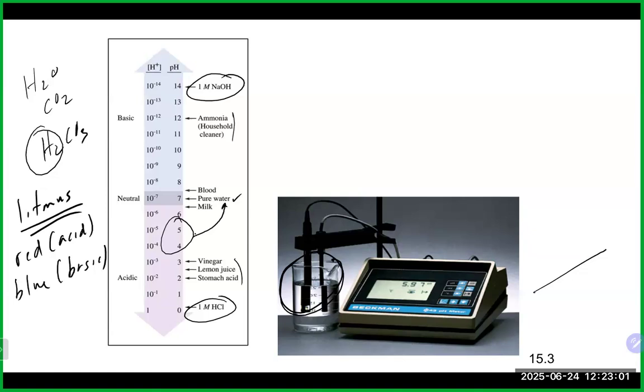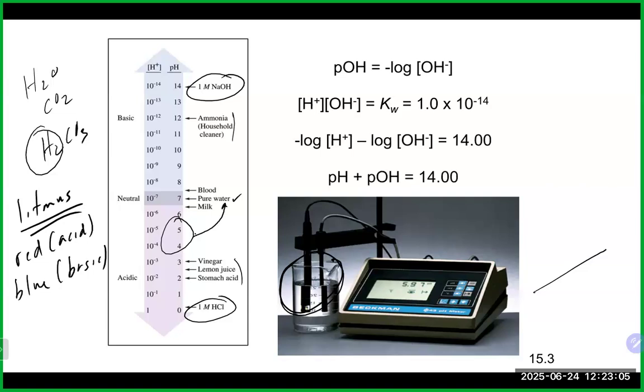Now, there are scales similar to pH that we sometimes come across, for example the pOH. The pOH equals minus the log of the OH minus concentration. The names kind of tell you what you need. For pH, as we saw earlier, you need the H plus concentration. For pOH, you need the OH minus concentration.